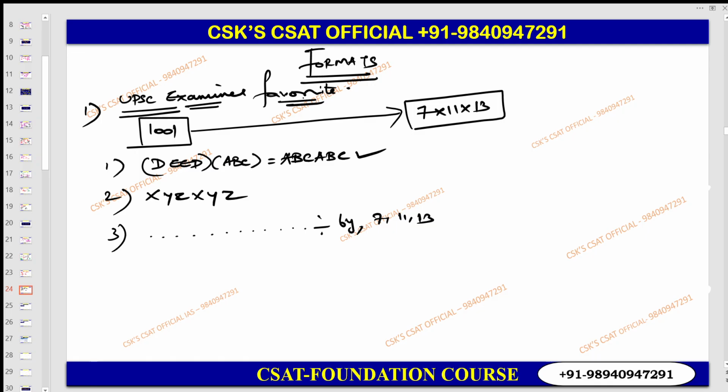Some questions will be there in the format of XYZ. Just now I mentioned 456, I'm giving it as an example, in the format XYZ. Which of the following is it divisible by? Divisible by 7, divisible by 11, divisible by 13, divisible by 1001. Which of the following?